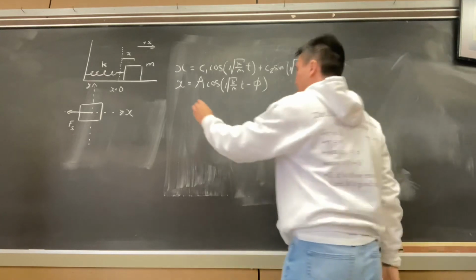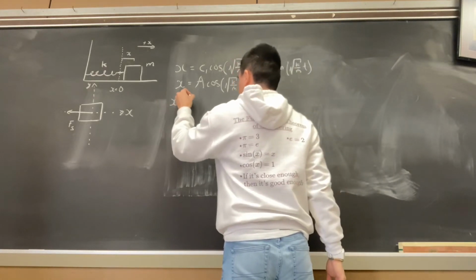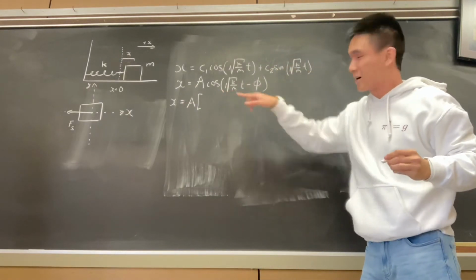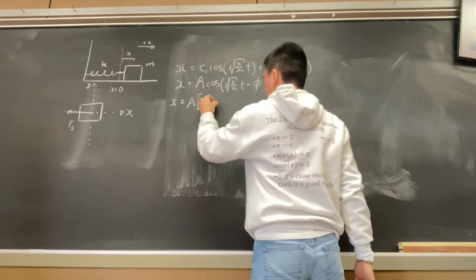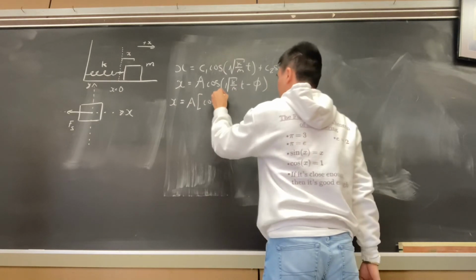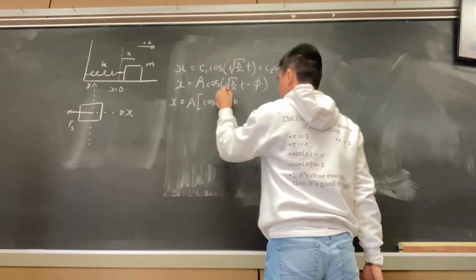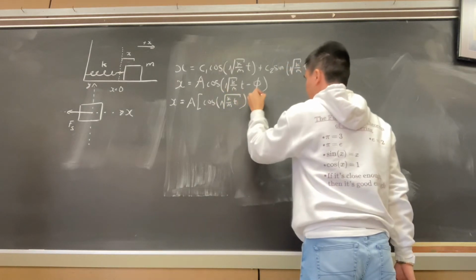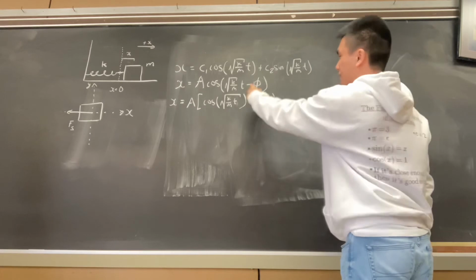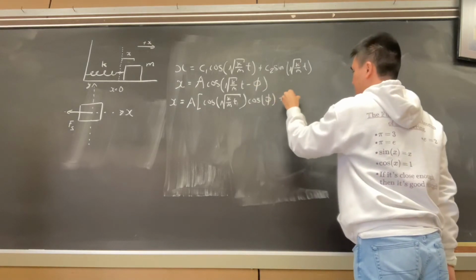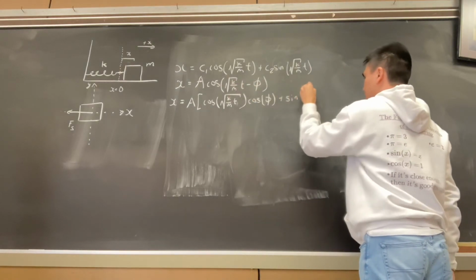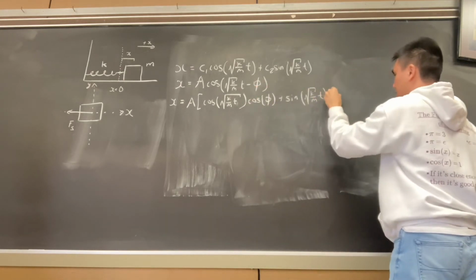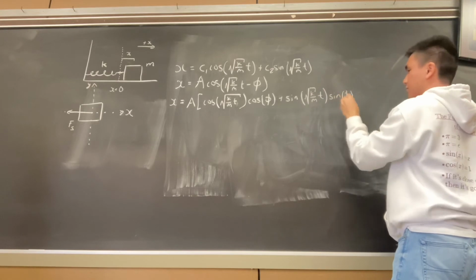So here's what I'm gonna do. If y'all recall the trigonometric identity for the cosine addition and subtraction formulas, we have cosine of the first thing, square root K over MT, cosine of the second thing, this phi, then plus sine of the first thing, square root K over M T, and then sine of the second thing, sine of phi.